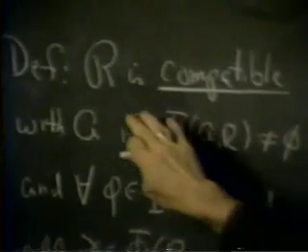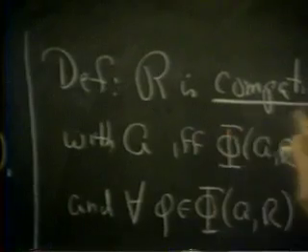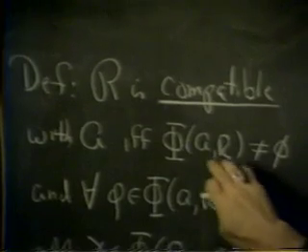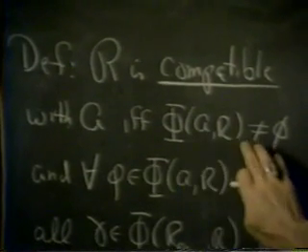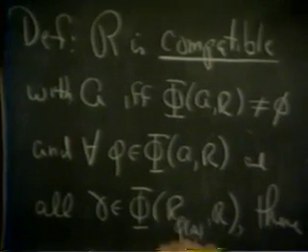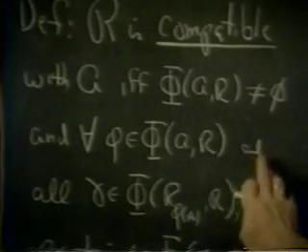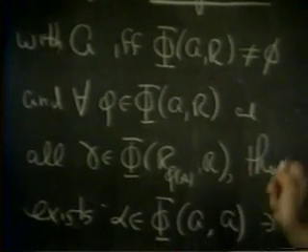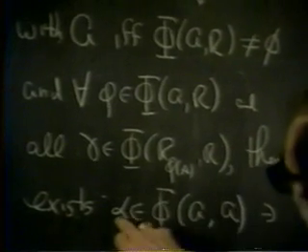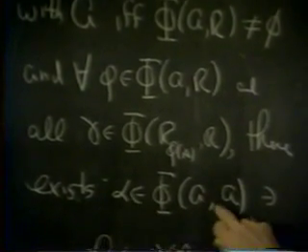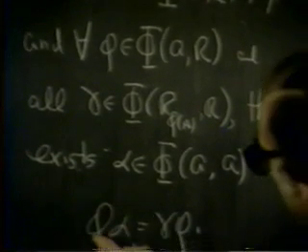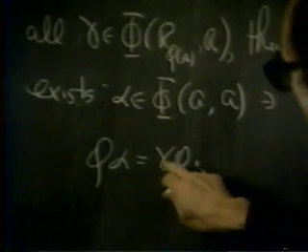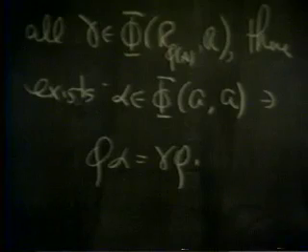I shall say that the relational structure script R is compatible with the qualitative structure script A if and only if, first of all, there is a homomorphism between them, and secondly, if I take any homomorphism and I consider all of the partial endomorphisms, then there exists for each partial endomorphism an endomorphism in the qualitative structure such that phi applied to the endomorphism is the same as the partial endomorphism applied to the homomorphism.